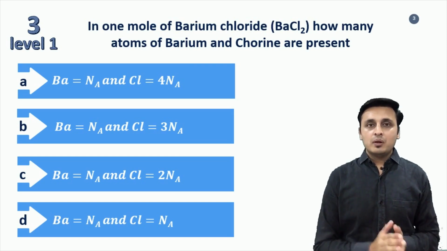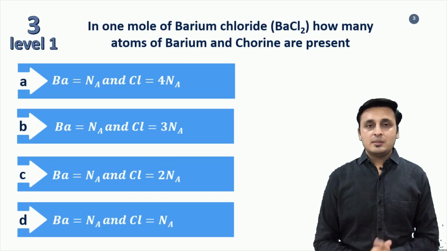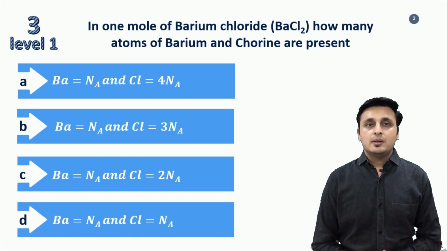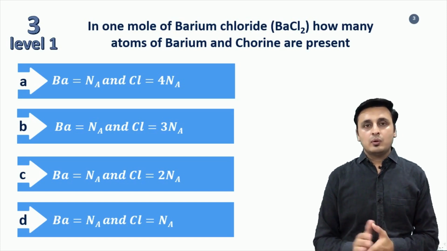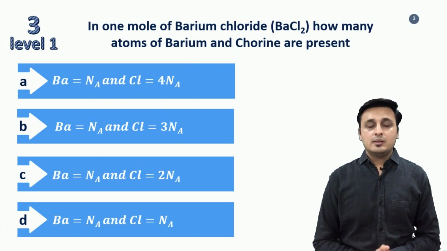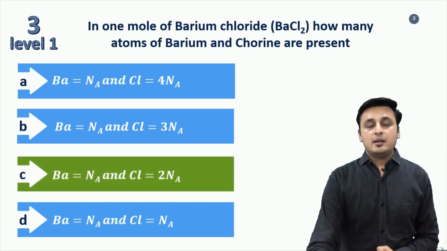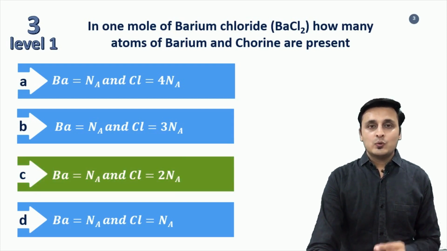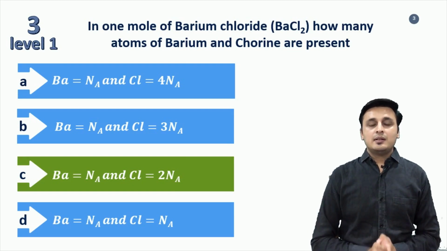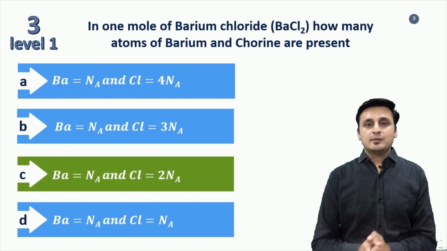So when we take 1 mole of BaCl2, it means 1 mole of Ba is present and 2 moles of chlorine atoms are present. And we know that 1 mole is equal to Avogadro's number. So the correct answer for this question is option C, that is Ba is Na and Cl is 2 Na. So the correct answer is option C, Ba is equal to Na and Cl is equal to 2Na.